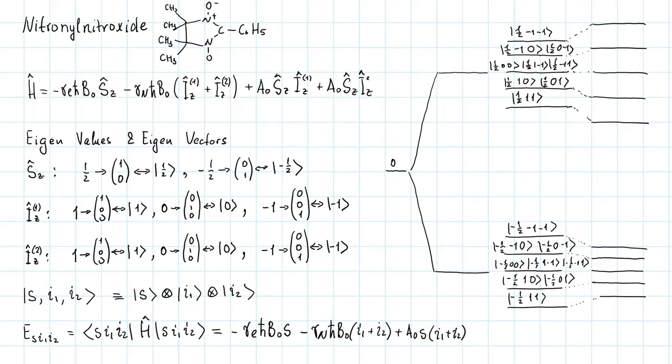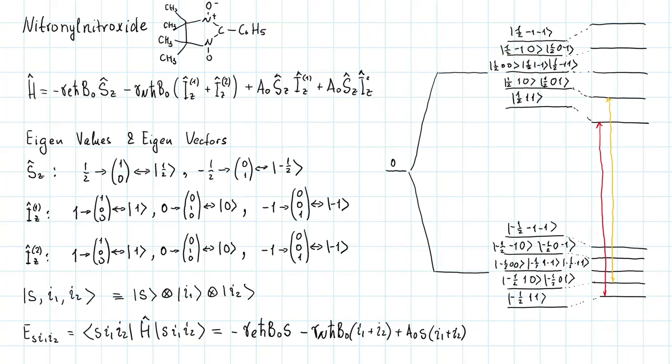Now we can identify 5 transitions where the electron spin flips but the values of I1 and I2 are preserved. The first transition with the lowest frequency, which I will draw in red, occurs between the states which have I1 plus I2 equal to 2. The second transition, between the states with I1 plus I2 equal to 1, is drawn in orange.